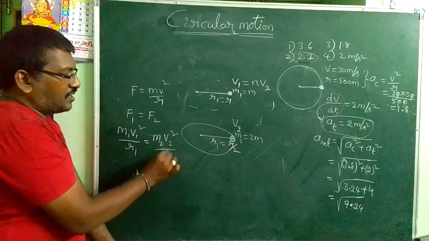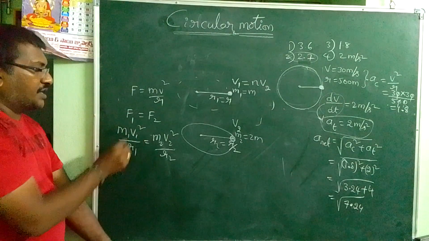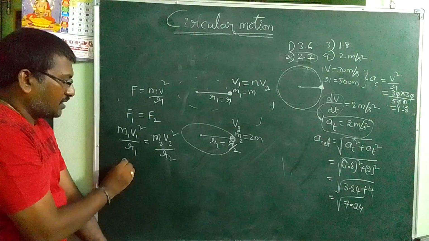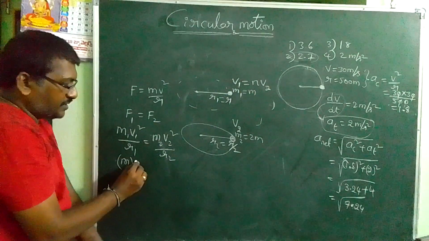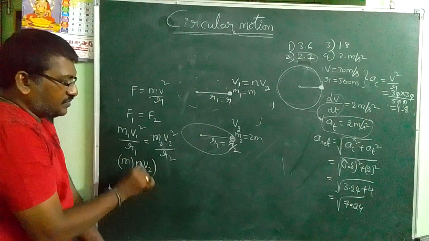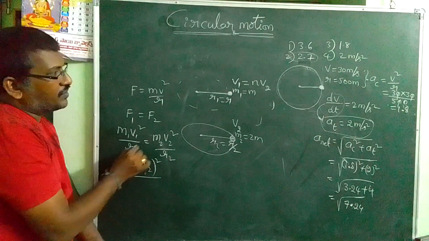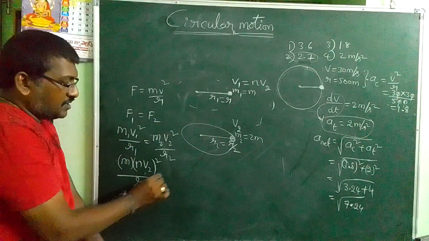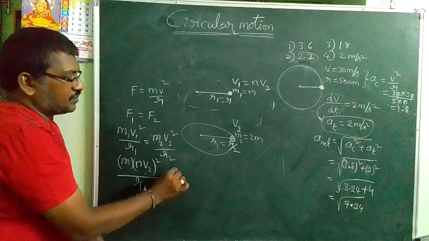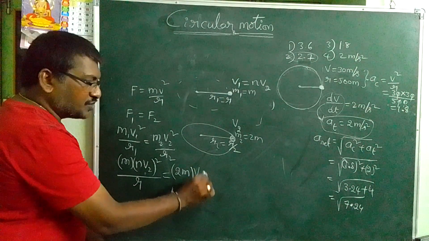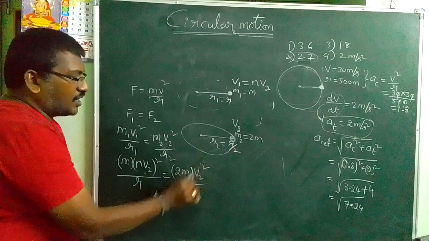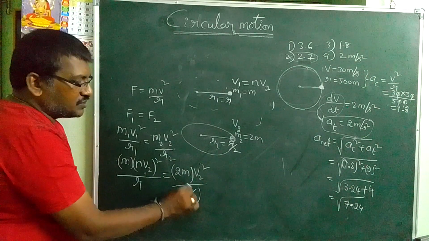square by r2. Substitute here m1 as m, v1 as n v2, so n v2 whole square by r1, which is r, is equal to m2, which is 2m, v2 square by r2, which is r by 2.